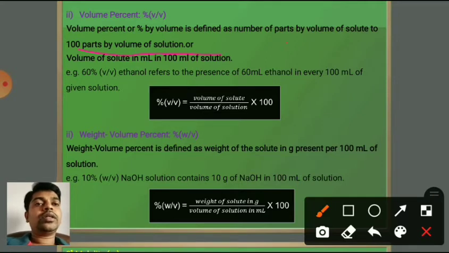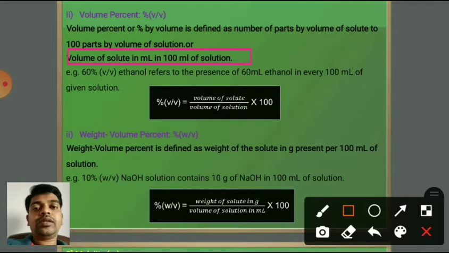Or you can also say, the volume of solute in ml in every 100 ml of a solution. So this is volume percent.